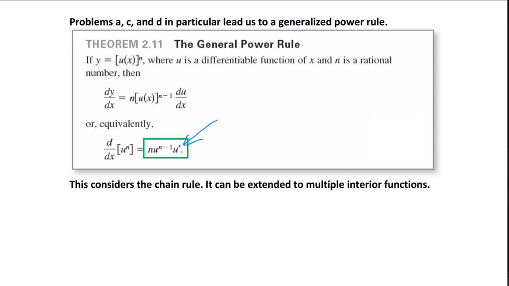And please pay attention to the last couple of sentences on this page. It can be extended to multiple interior functions. What does that mean? That means so far we've considered an outside function and an inside function. But what if that inside function contained a function? We can keep drilling down further and further and further with this rule. Really, really powerful. Let's take a look.